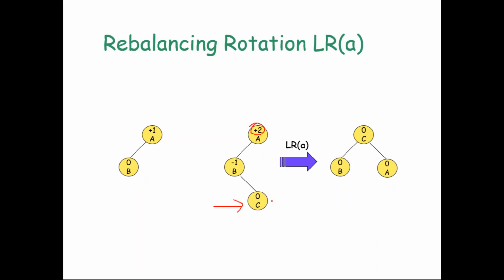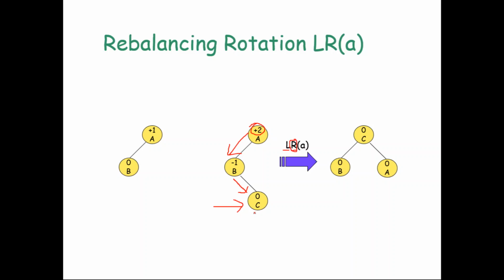But what type of imbalance is it? This imbalance happened in the right subtree of the left subtree of A. First it has happened in the right subtree, of the left subtree of A. So it is an LR imbalance, coming left and then right.